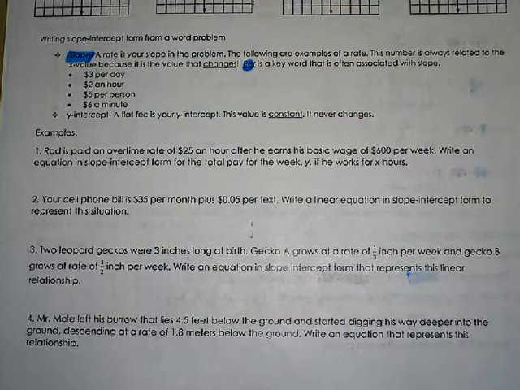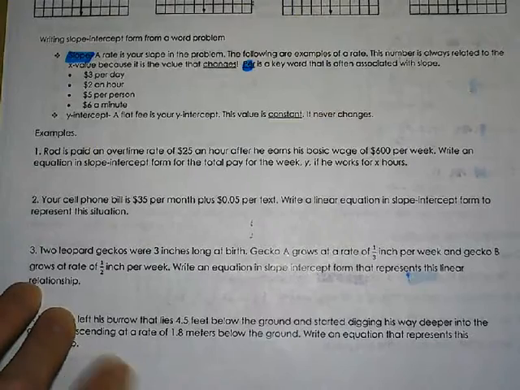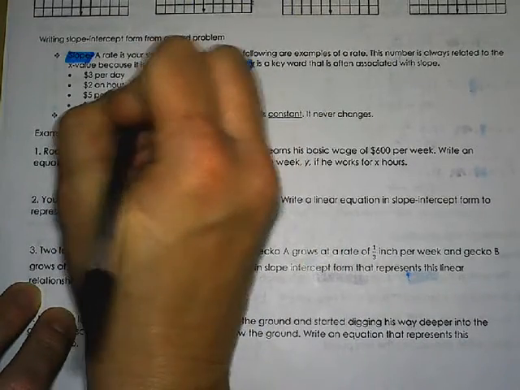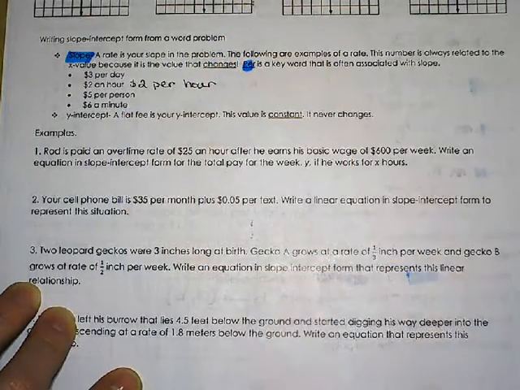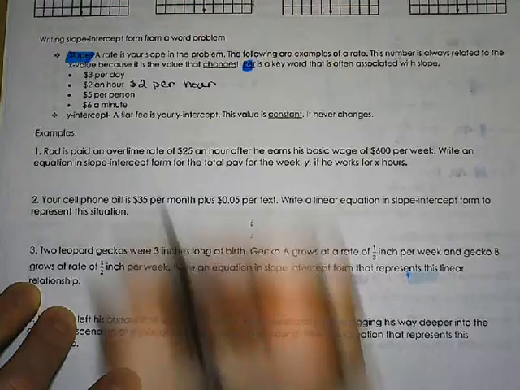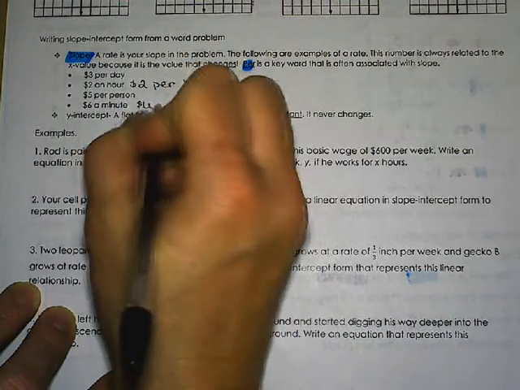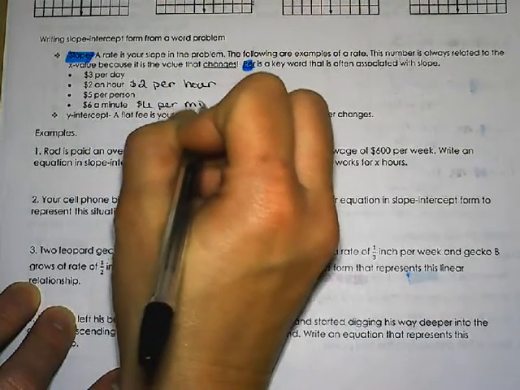You might see per, each, anything that is consistent over time. Some examples are $3 per day, $2 an hour, which can also be written as $2 per hour, $5 per person, or $6 a minute, which is also $6 per minute.